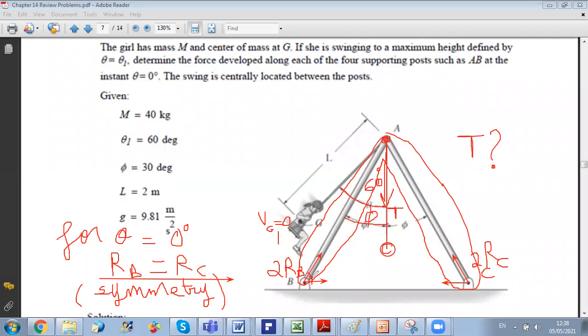So the angle of RB with the horizontal will be pi over 2 minus phi. If you project on x, you will have 2RB sine phi minus 2RC sine phi equal to 0. So you will get RB equals RC, which is the conclusion of symmetry. So what will give us a relation with T is sum of y.